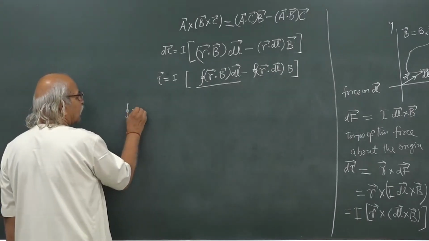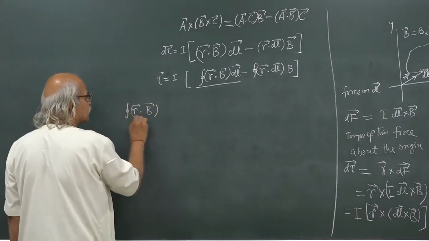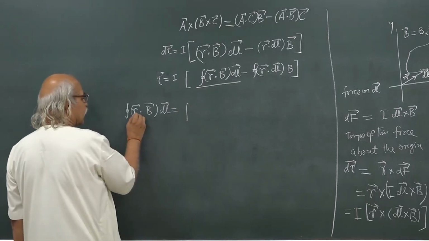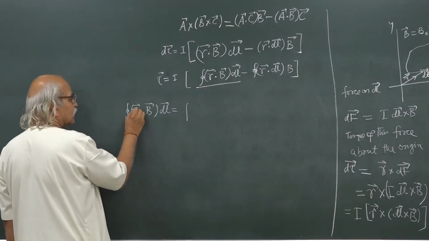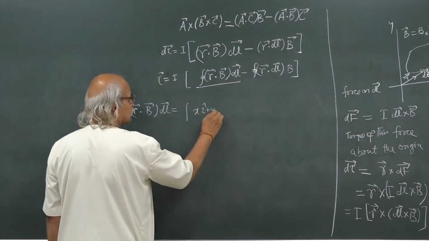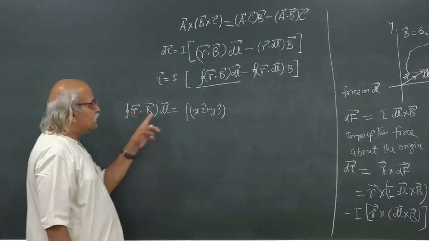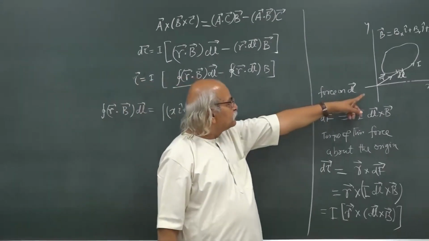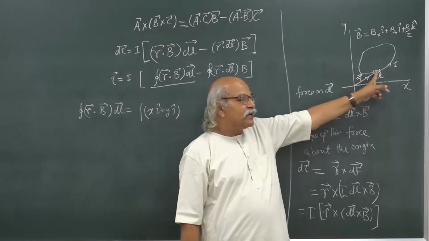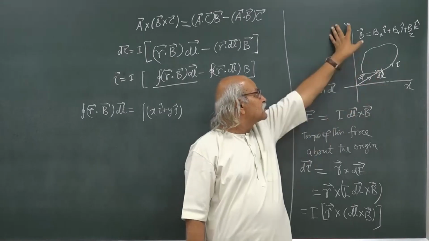Integration of r dot b and then dl vector. What is this r vector? Remember, come here on this figure. Here is the origin. This is the point where we are, and this is the r vector, and this is in the xy plane.